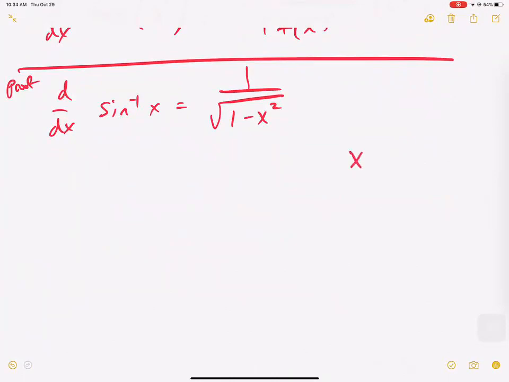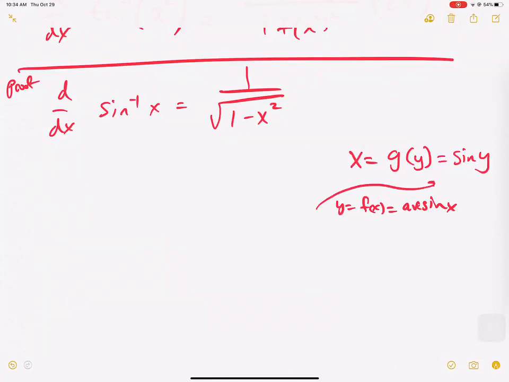I want to say x is equal to, call this g of y, which is equal to sine of y. How did I get this? This is our inverse function. If I said y is equal to f of x, which equals arc sine of x, if I take the sine of both sides, you get this guy here.